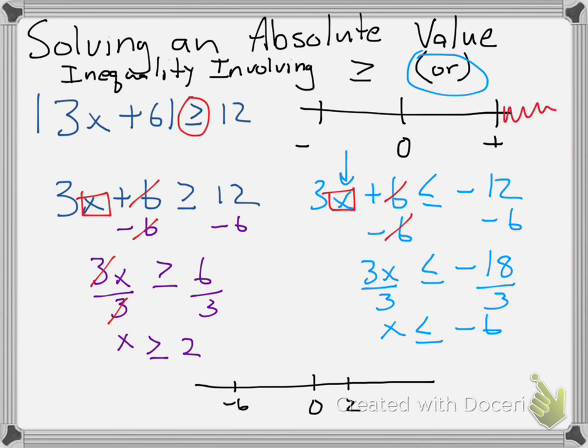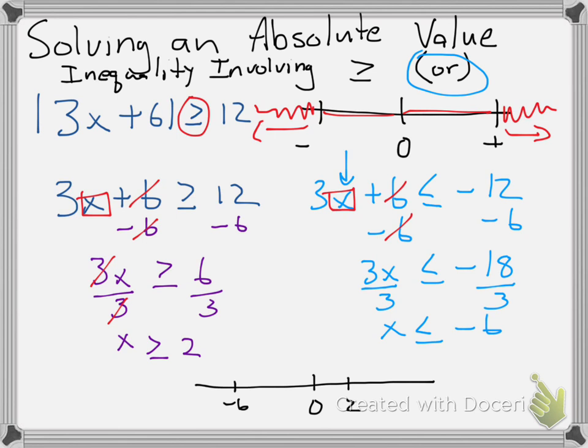But since we're looking at distance here as well, this would actually be greater than on this side as well. That's why it ends up being an OR problem, because it's greater than on both sides. Since this would also be negative, it would have to be greater than this side and, well, technically less than this side in order to show that it's a distance away from both sides.